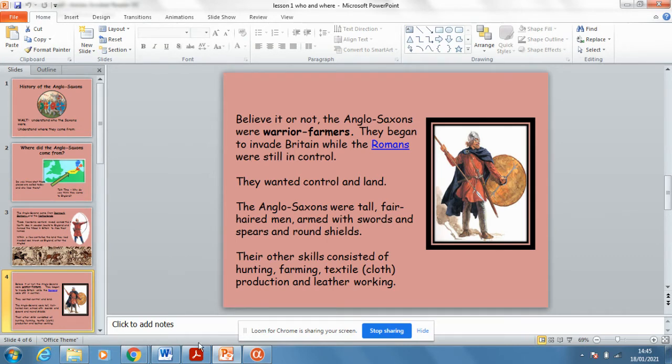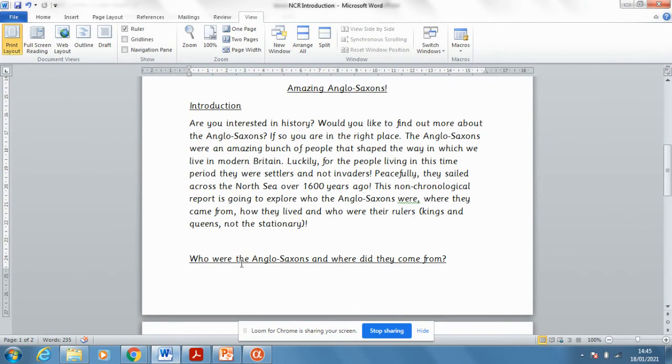I'm just going to stop myself there, and I'm going to go back to my introduction, because I actually stated in my introduction that the Anglo-Saxons were an amazing bunch of people that shaped the way in which we live in modern Britain. Luckily for the people living in this time period, they were settlers and not invaders.